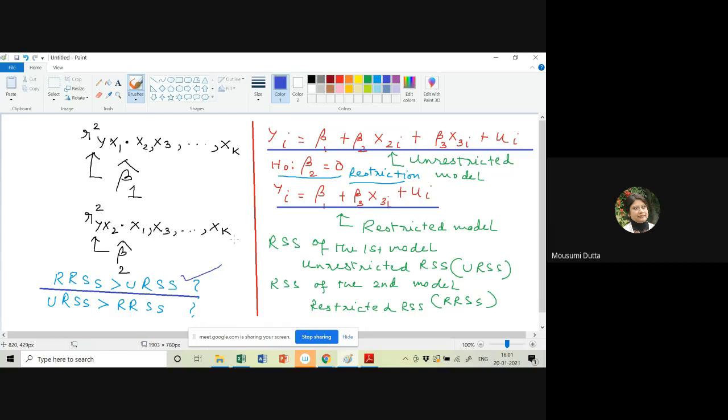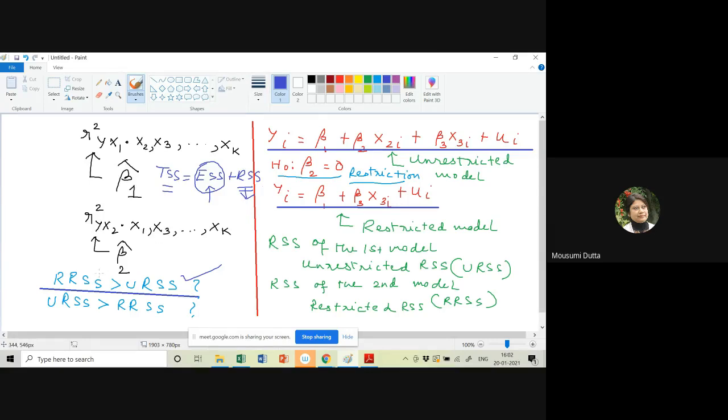Now, if you look at the definition, TSS is equal to ESS plus RSS. Now, given TSS part, if ESS rises, RSS falls. In the first model, ESS is higher because there is more explanatory variable. So RSS will be lesser. In the second model, ESS is falling because we are reducing the number of explanatory variable. So RSS is increasing.